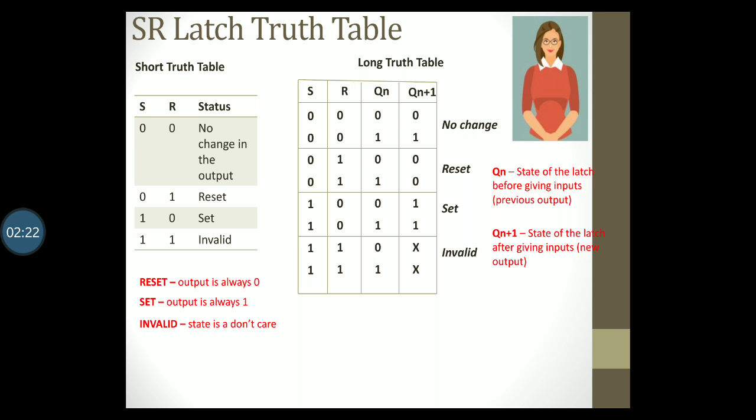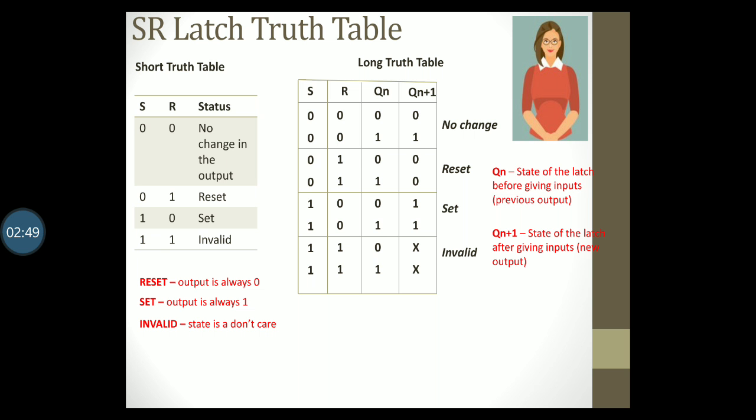A thing to remember about the long truth table is that the first column is S, the second column is R, the third column is labeled Qn. Qn is nothing but the state of the latch before giving any inputs to the circuit. In fact, you can call it the previous output of the latch.